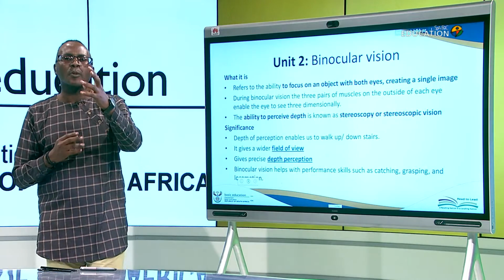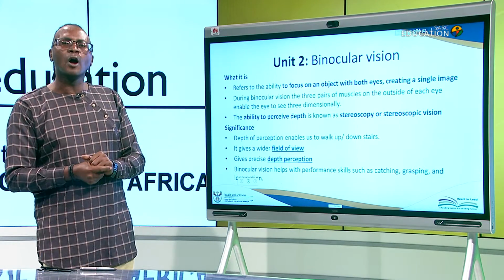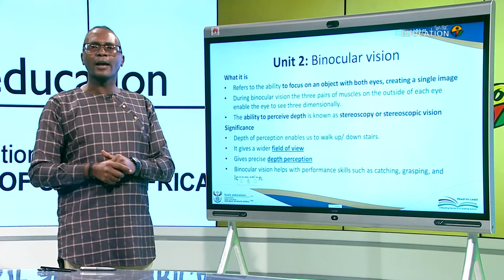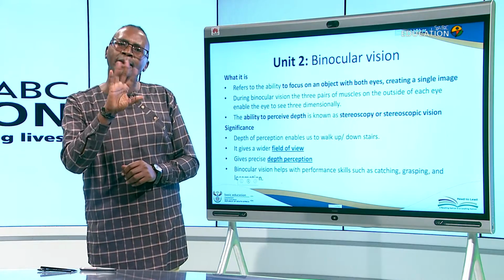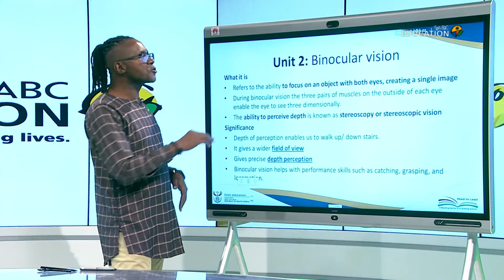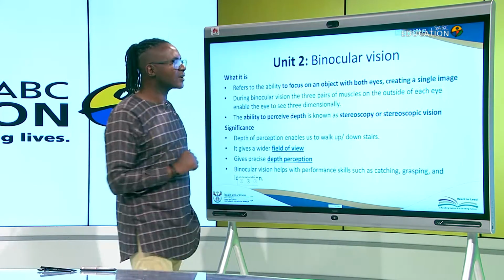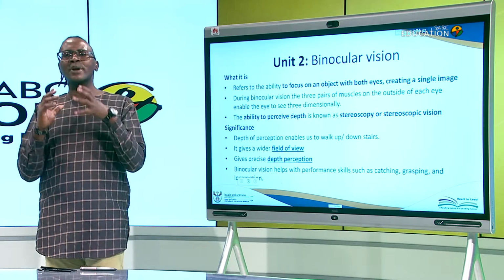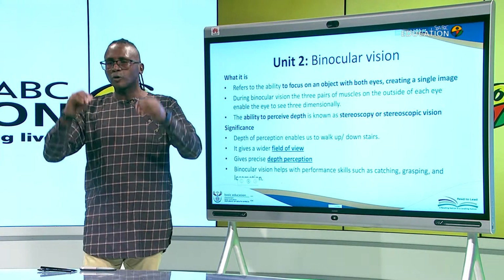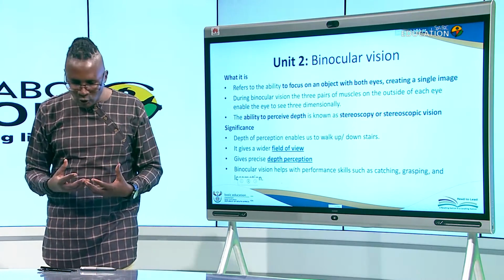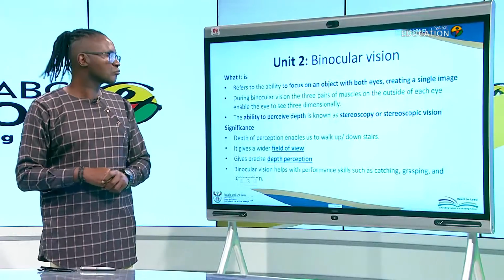When you focus on an object using two eyes, because when you use one eye, the image becomes blurred. Check the definition: the ability to focus on an object using two eyes.